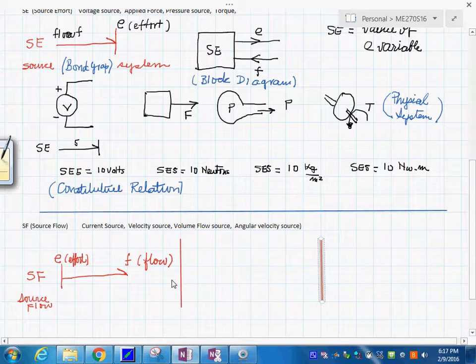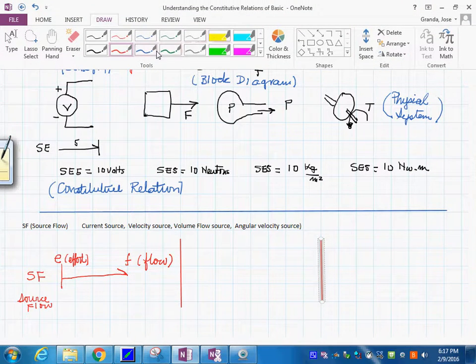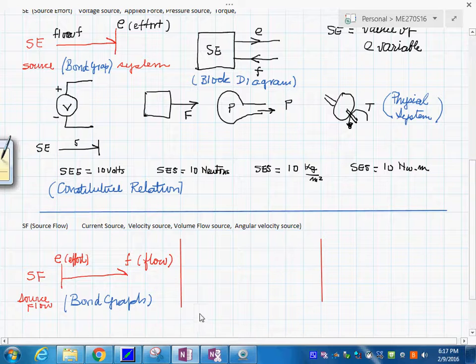This is going to be your constitutive law, or the value. This is going to be like an SF in this case. Let's just draw this. What you have in here, if you have this kind of variable, is a source of flow.